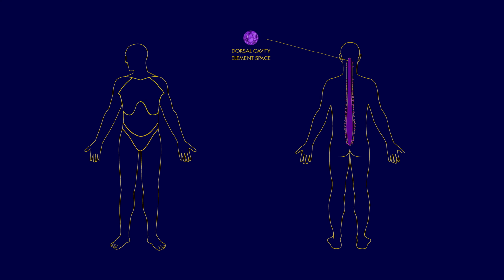As you inhale and exhale slowly once, imagine your dorsal cavity violet. Imagine a brilliant violet round diamond above your head.